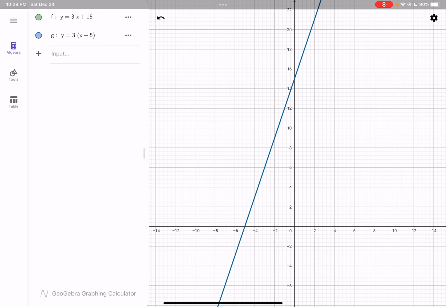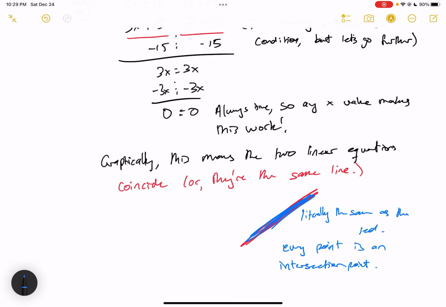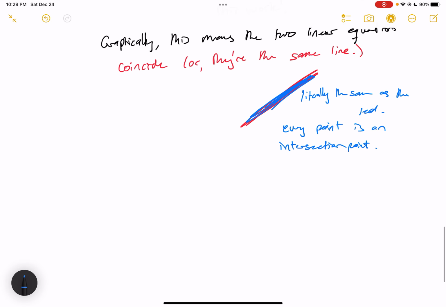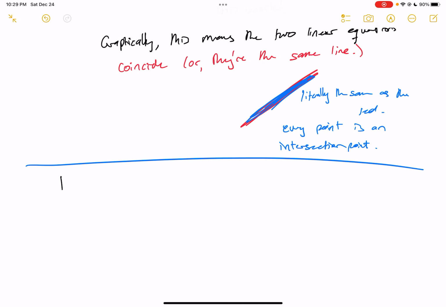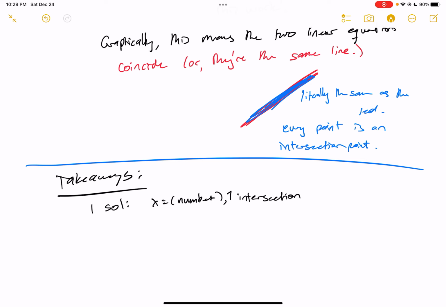And now I'll give you guys a second to pause the video and sketch these out. All right, and we are back. So now, as a bit of a recap, or I guess takeaways, there are 3 possibilities for the solutions to a linear equation. One solution, x equals a number, and we have one intersection point.